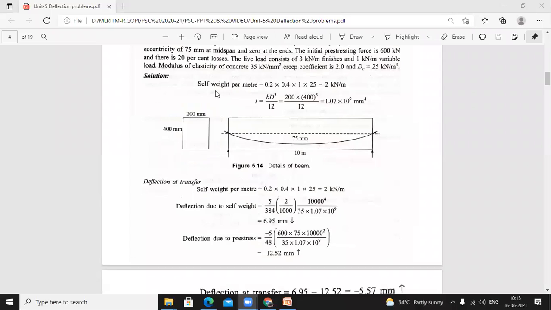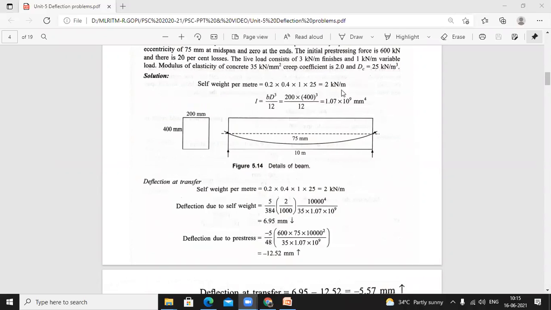First we have to calculate the self-weight. How to calculate self-weight? Size of the beam multiplied by density. So size of the beam 0.2 meter into 0.4 meter into 1 meter length, always we have to consider 1 meter length, into 25, that means 2 kilonewton per meter.